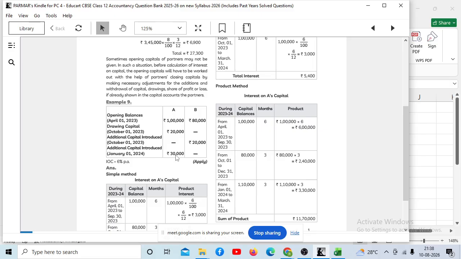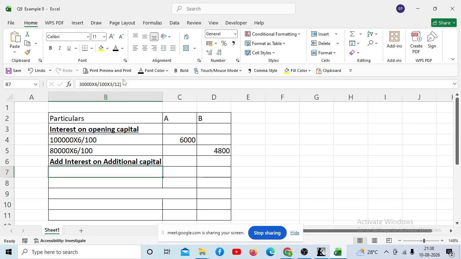So on this 30,000 we will calculate 6% interest, and since it is January 1, we will count from the month of January, that is January, February, March. It comes to 3 months, right? So it will be calculated as 30,000 at 6% for 3 months. Please write this and do the calculation.